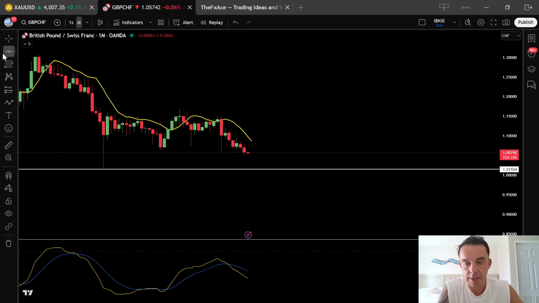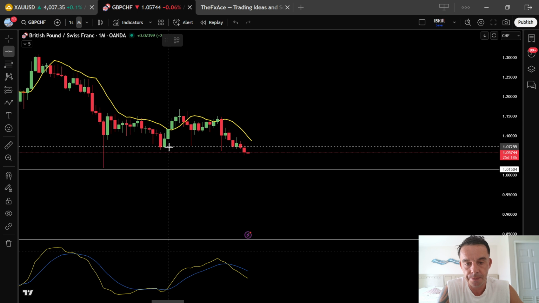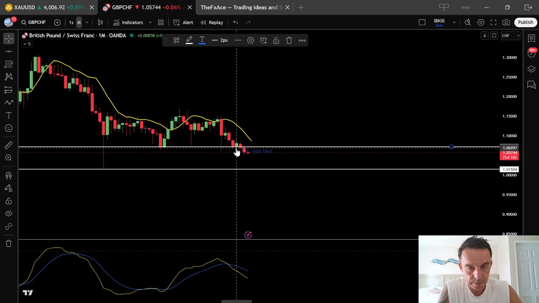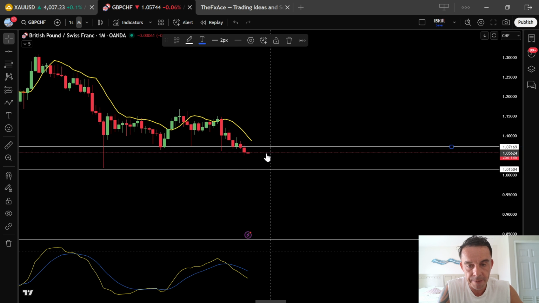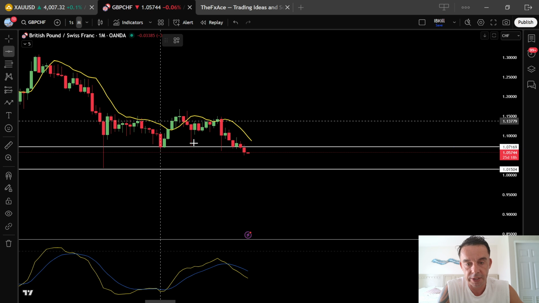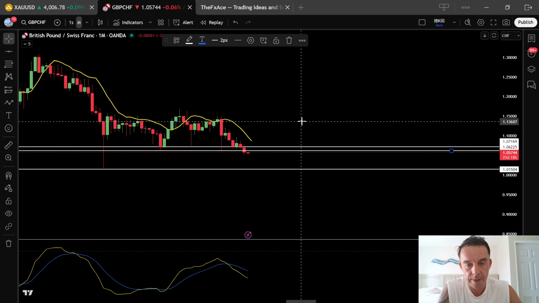We also want to see these monthly closes here, which price had closed above until last month. We actually broke down and closed below this 107 area, and then we had the 106 support also, which was here.